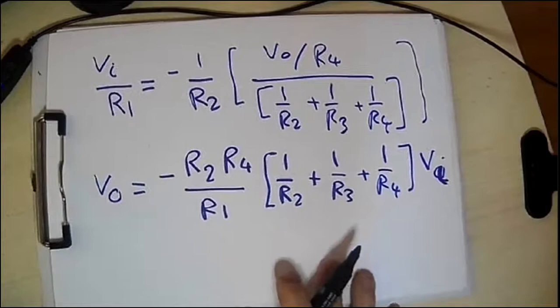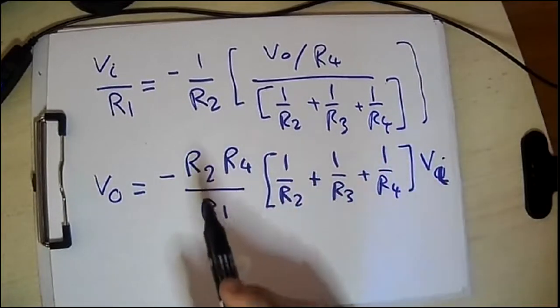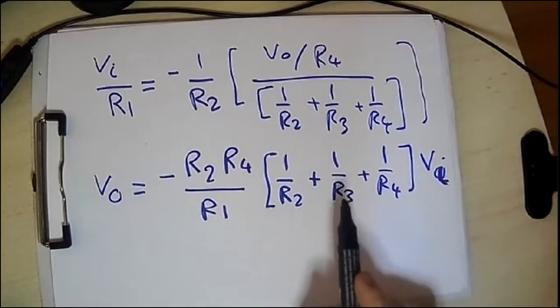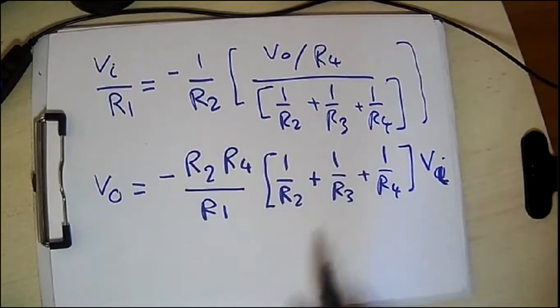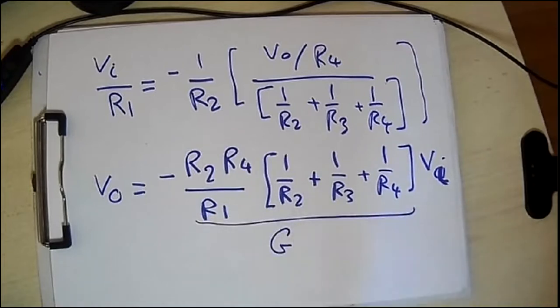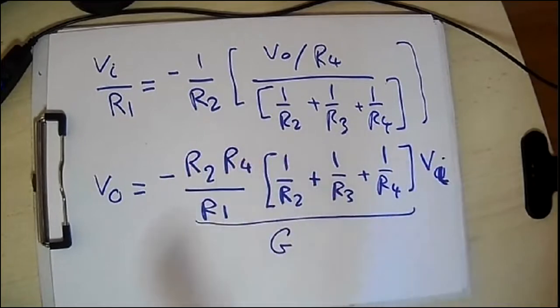So this is a general formula relating R1, R2, R3, and R4 to V output and V input, and this is now the closed loop gain. So you can now control the gain using this equation.